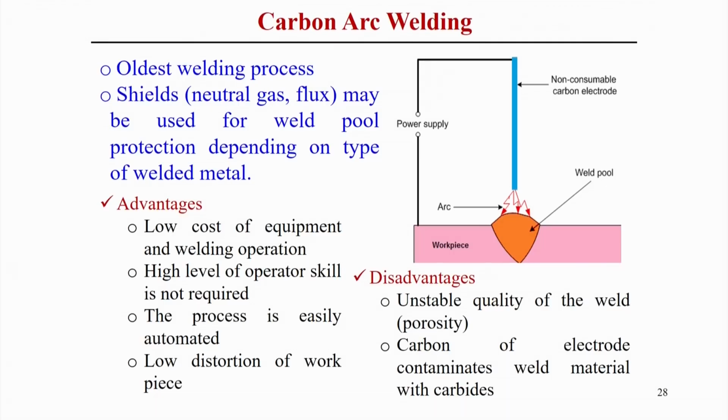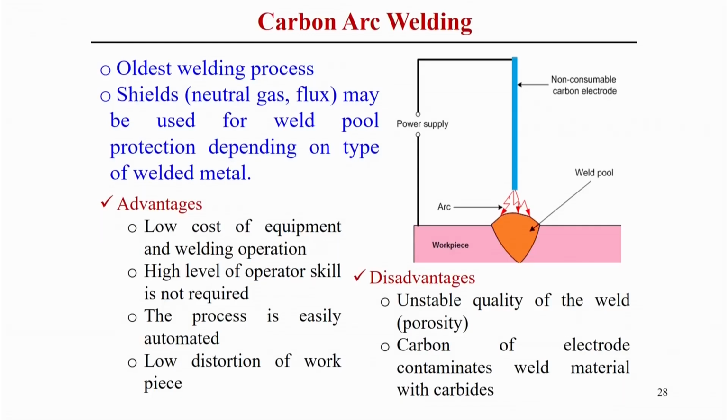Low distortion of the workpiece can also be achieved. Since this is one of the oldest welding processes, it can be applied in a very simplified way, but if we look at precision, in the sense of producing fewer defects, other welding processes are a better choice compared to carbon arc welding.